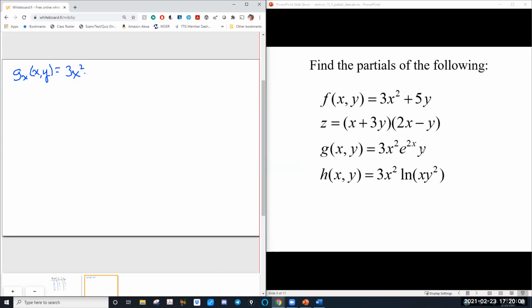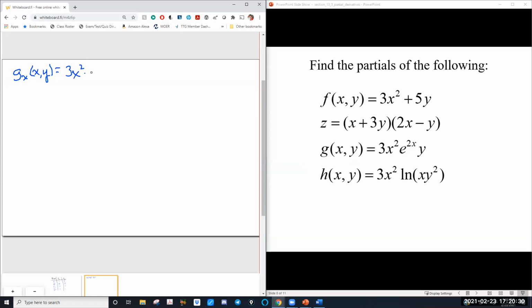It is still a product rule, but I'm going to hold the y constant. Sorry, I'm going to do h. I'm going to give you guys h of xy. So I hold the 3x squared constant. This whole second part is what I'm going to take the derivative of, but y is just a constant.